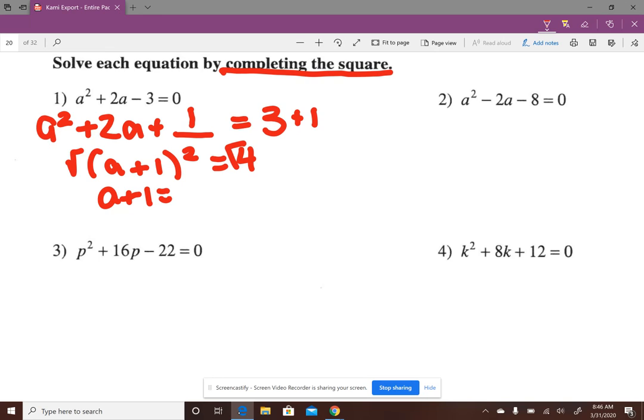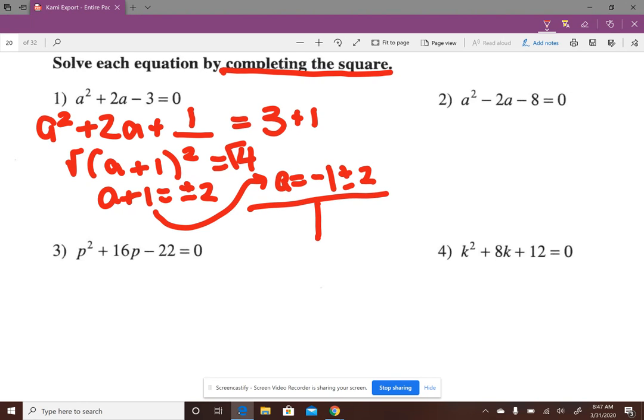And the square root of 4 happens to be 2, so I'm going to write plus or minus 2. So that gives me a is equal to negative 1 plus or minus 2. So my two answers here would be negative 1 plus 2, which is 1, negative 1 minus 2, which is negative 3.